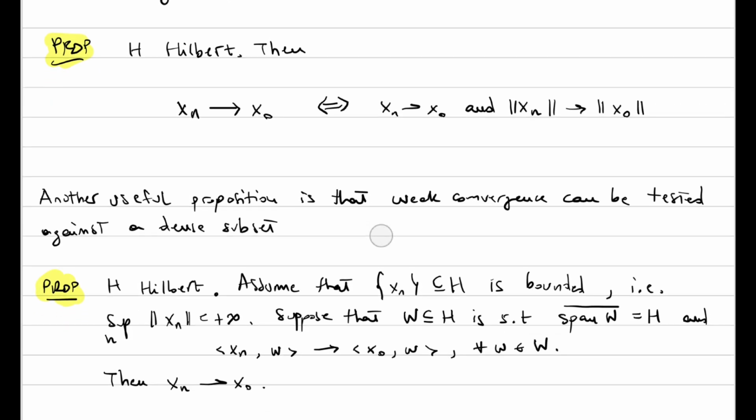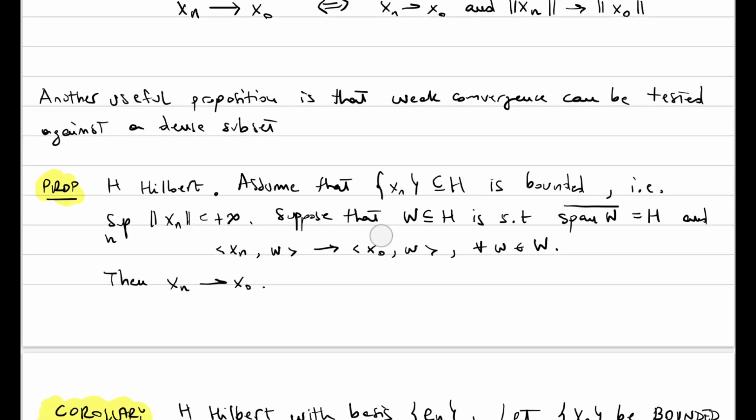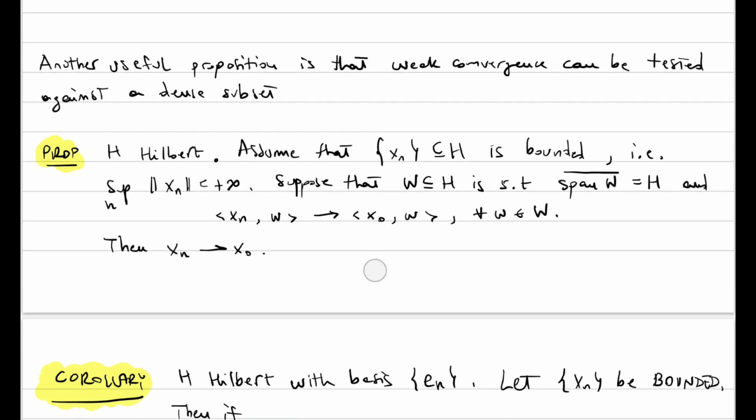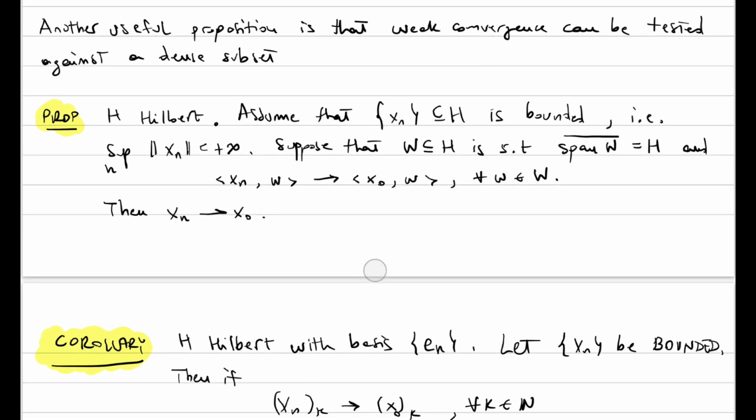Another useful proposition is that weak convergence can be tested against a dense subset. Let H be a Hilbert space and assume that Xn in H is a bounded sequence, which means that the supremum of the norms of these elements is finite.